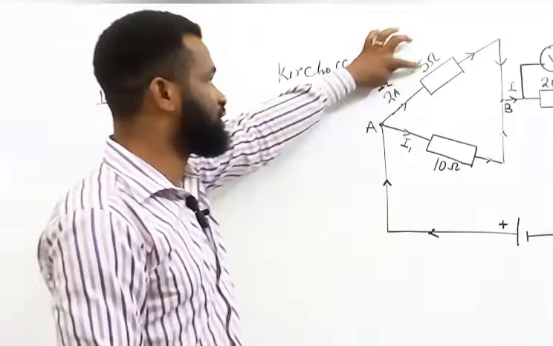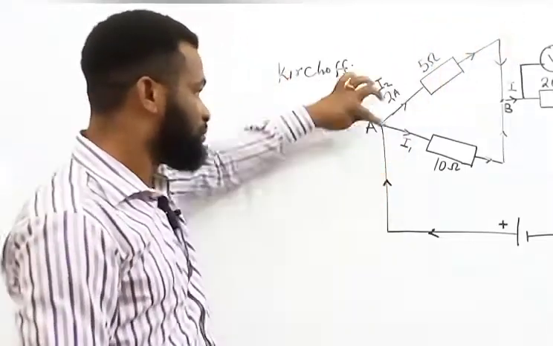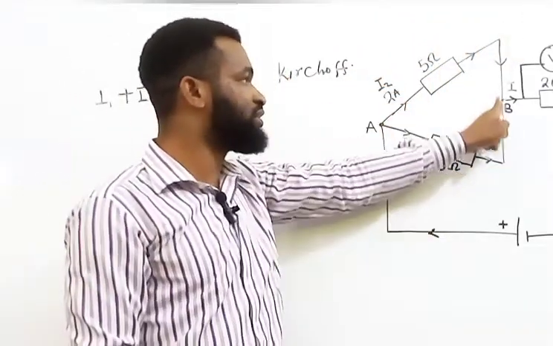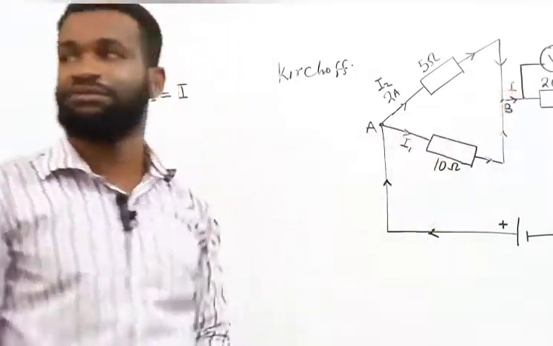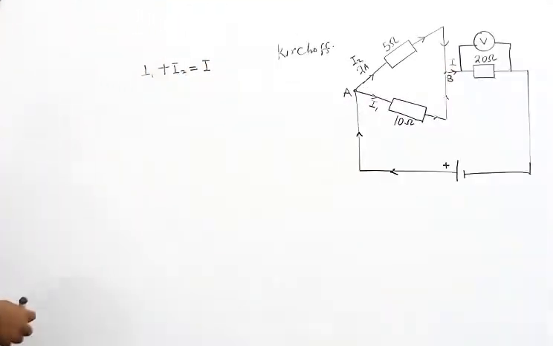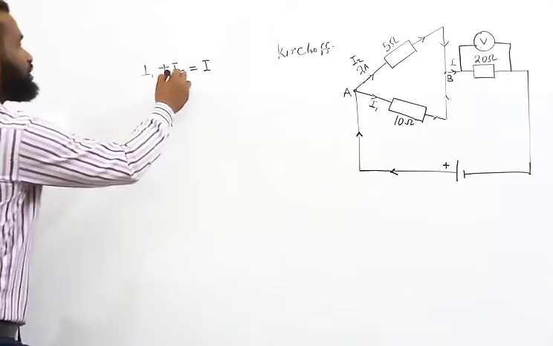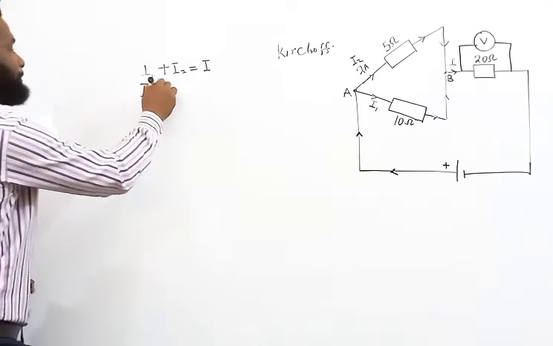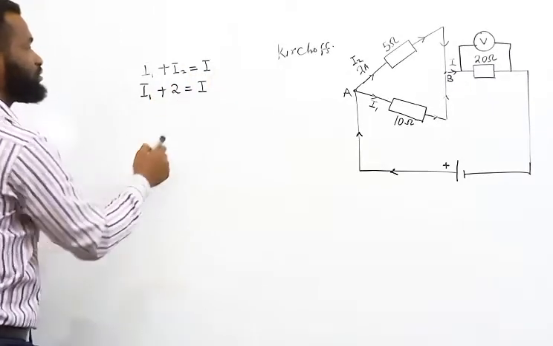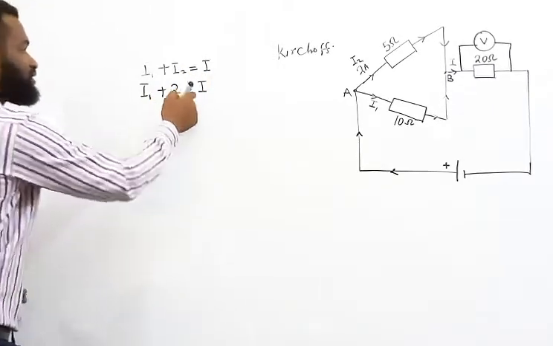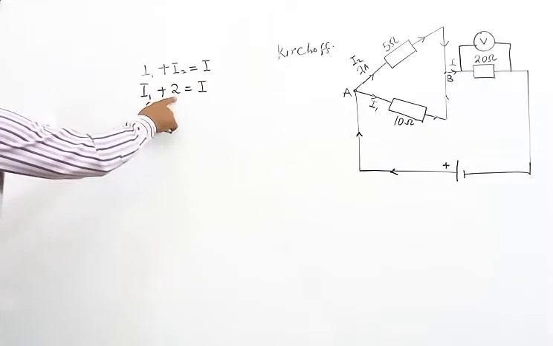The current flowing through this place plus the current flowing through this place is equal to the current flowing out. Now, I know this one, I don't know this one. Therefore, this current is I1 plus I2.